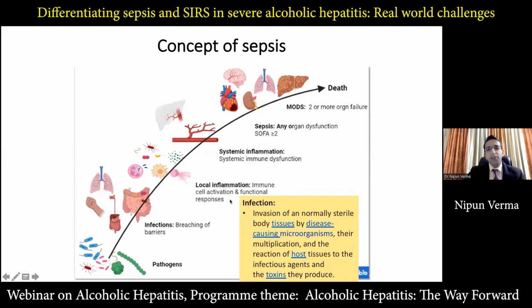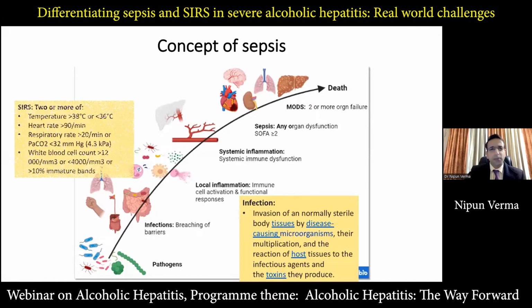This local inflammation may become dysregulated, and the systemic milieu of the immune system, including cells, circulatory cytokines, and the coagulation systems, goes haywire and results in a state of systemic inflammation, which is operationalized with the definition of SIRS, defined by fever or hypothermia, tachycardia, tachypnea, or leukocytosis or leukopenia.